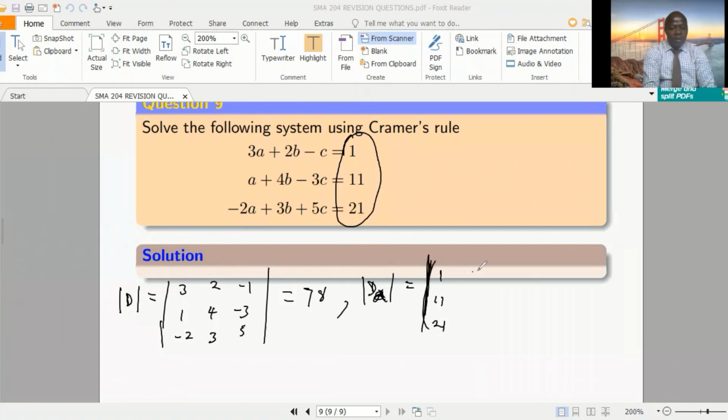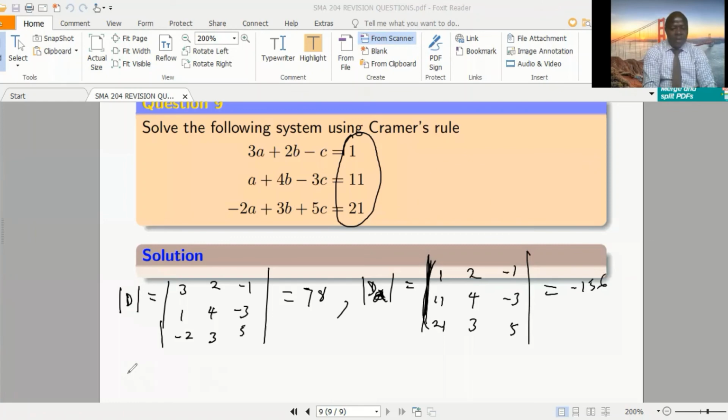So the matrix has rows 2, 4, 3, negative 1, negative 3, 5, with the replaced column. This determinant, if you do it, you get negative 156.